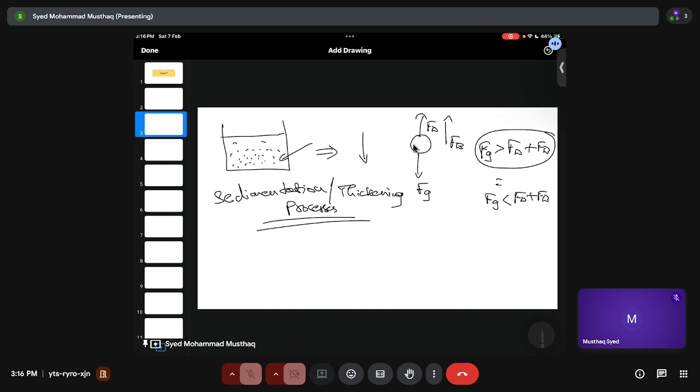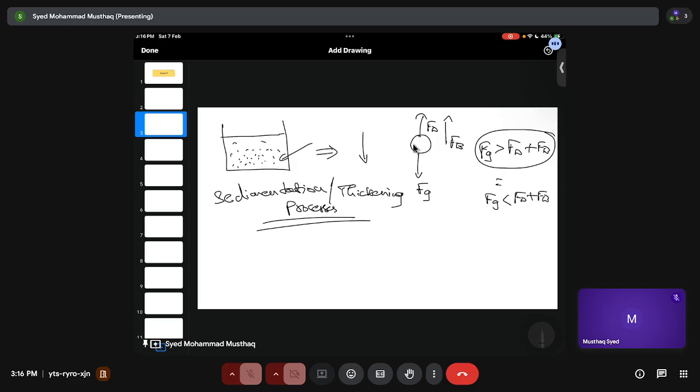There are Stokes' law and Newton's law, which we have discussed. Stokes' law is for Reynolds number less than 1. Newton's law is for Reynolds number greater than 1. If you have turbulent flow, you use Newton's drag force, and if the Reynolds number is low, then you use Stokes' law.